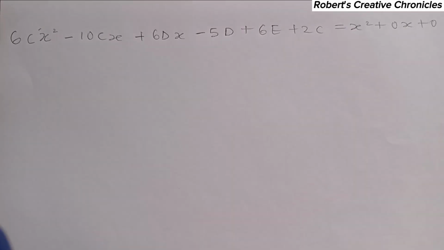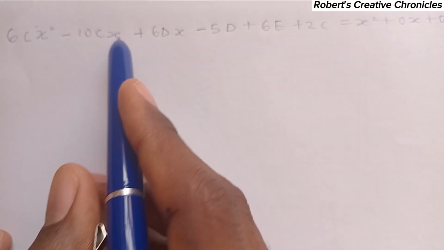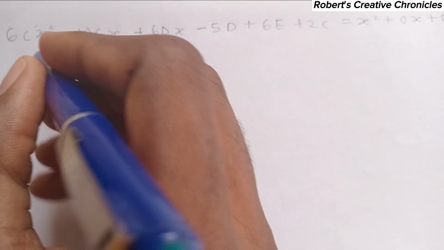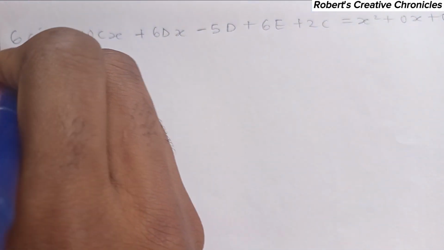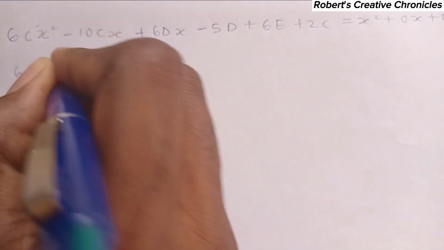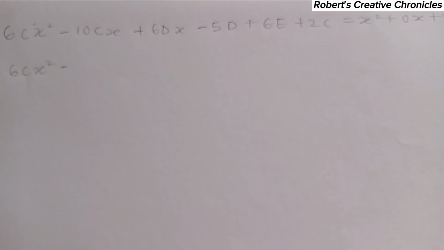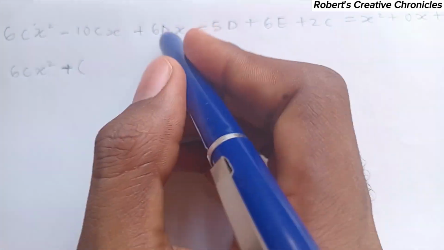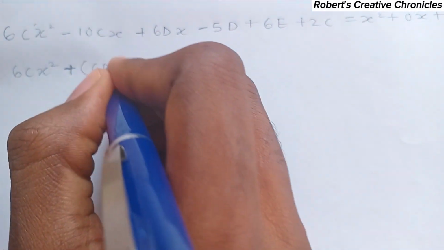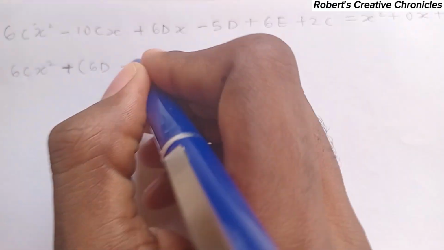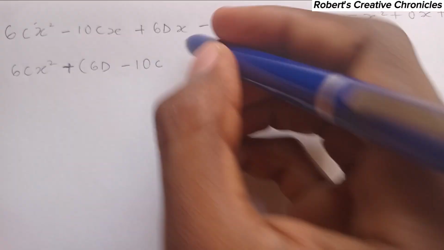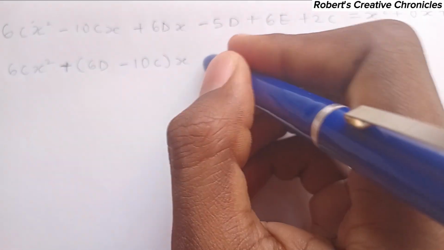So now we'll continue. We'll factorize this. So I will get the coefficient of x. So this becomes 6c x squared plus, now to be 6d minus 10c, then x times x.